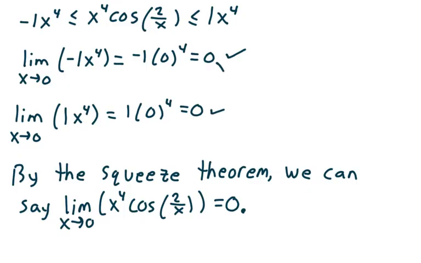And notice how these two numbers match, right? They're the same. So by the squeeze theorem, we can say that the limit as x goes to 0 of x to the 4th cosine of 2 over x is equal to 0. And so that's how we show that that limit is 0.